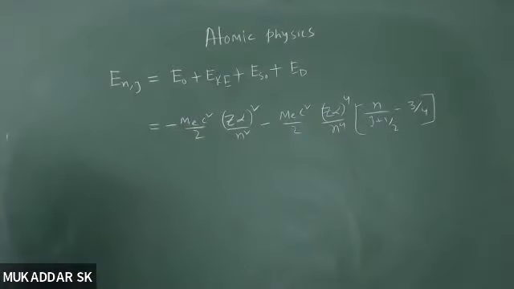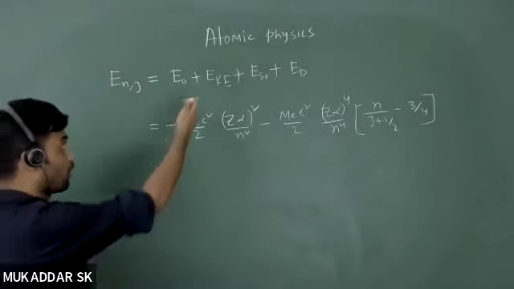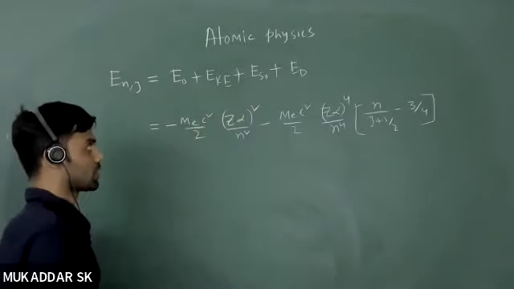Now I'll draw the plot for two levels, n equals 1 and n equals 2, and we'll see how the kinetic energy, spin orbit correction, and Darwin correction look.